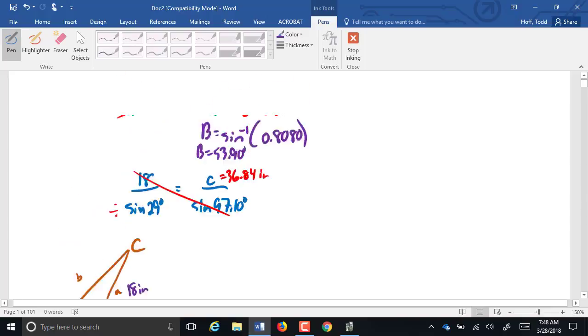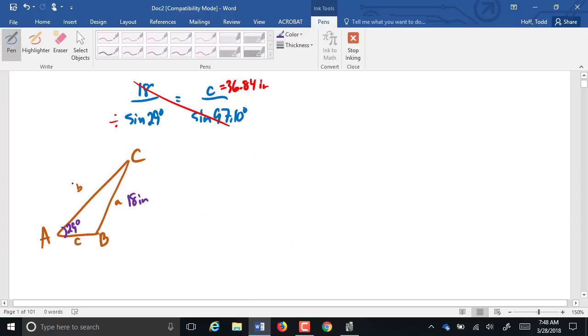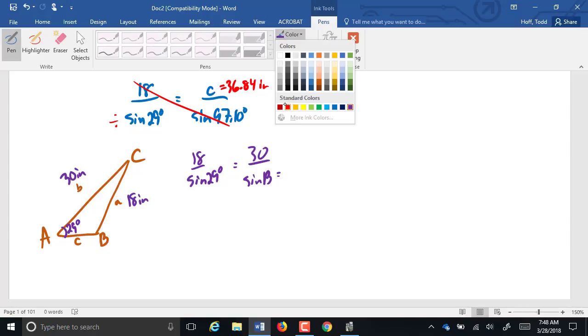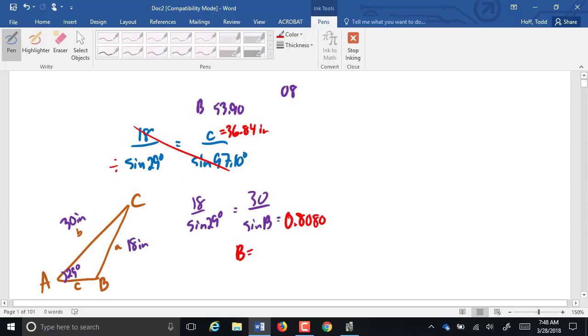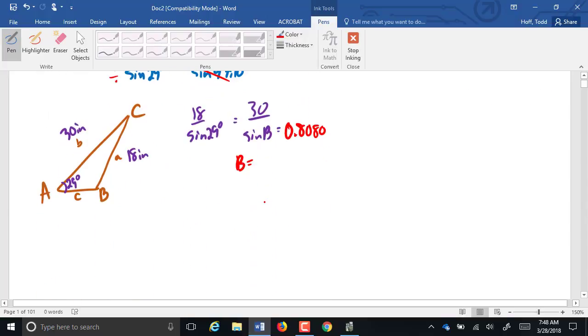This up here was what, 30? Yeah, 30 inches. And when we set this up, it's still going to be 18 over the sine of 29 equals 30 over the sine of B. And the sine of B still comes out to be 0.8080. And when we do the inverse sine, we still get 53.90 degrees.